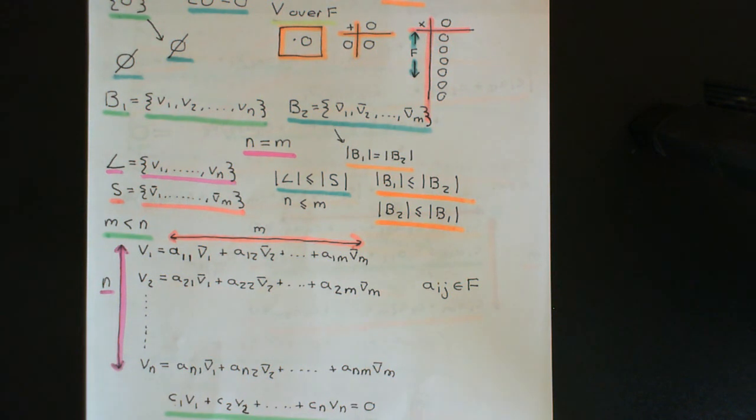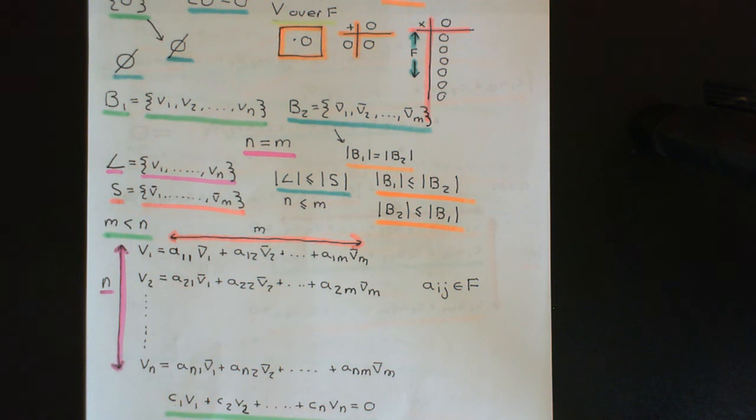A basis has to have a fixed number of vectors in it if we're talking about the same vector space. Of course, if you have different vector spaces, they don't have to have the same sized basis. But if we're talking about one vector space and we've got multiple different bases for that vector space, which are just sets of vectors which are linearly independent and span the entire vector space, then they have to have the same number of vectors in, providing this is a finite dimensional vector space.